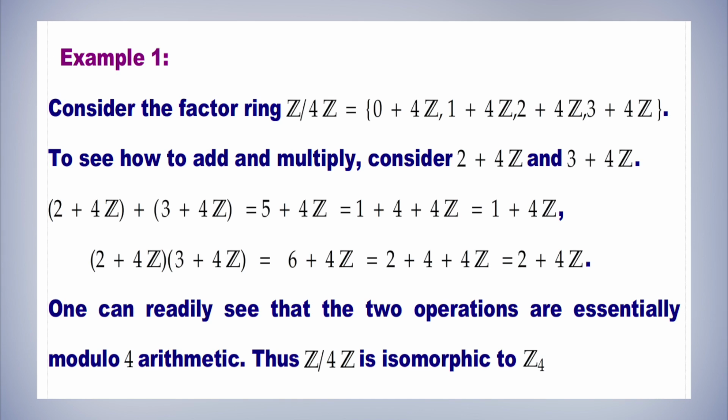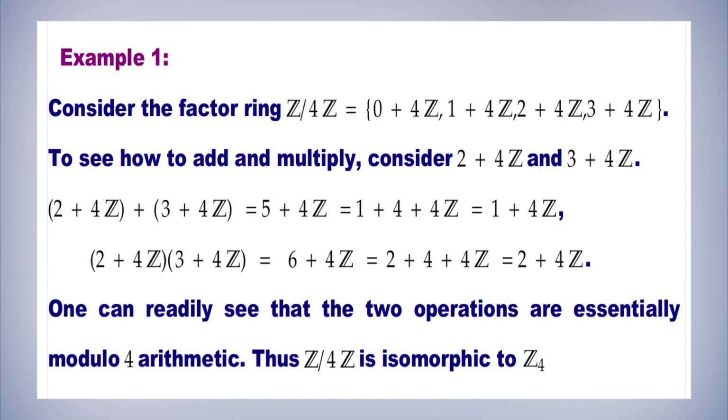To see how to add and multiply, consider 2 + 4Z and 3 + 4Z. (2 + 4Z) + (3 + 4Z) = 5 + 4Z, that is equal to 1 + 4 + 4Z, that is equal to 1 + 4Z. (2 + 4Z)(3 + 4Z) = 6 + 4Z, that is equal to 2 + 4 + 4Z, that is equal to 2 + 4Z.